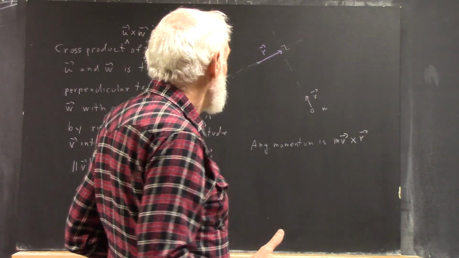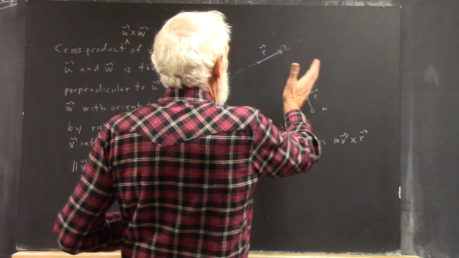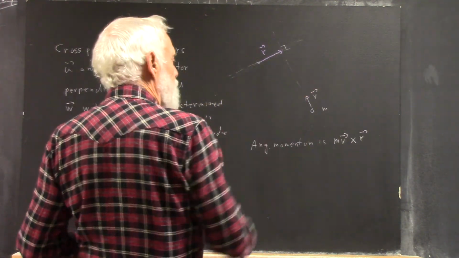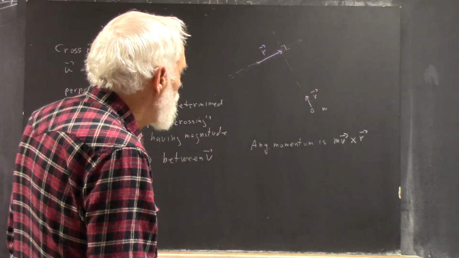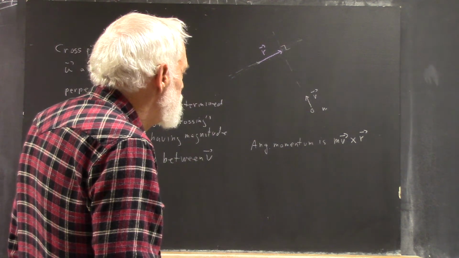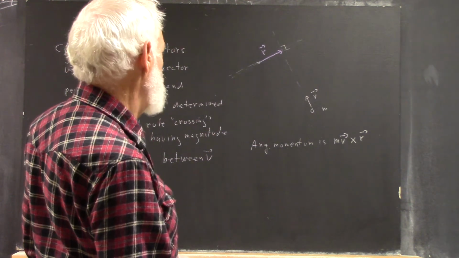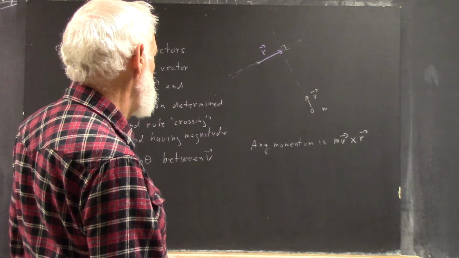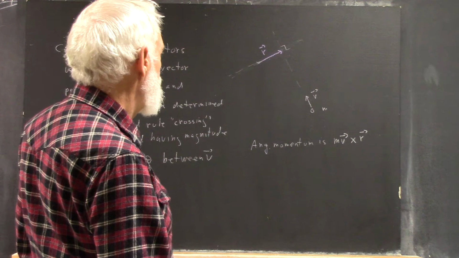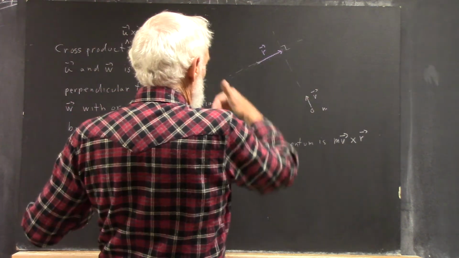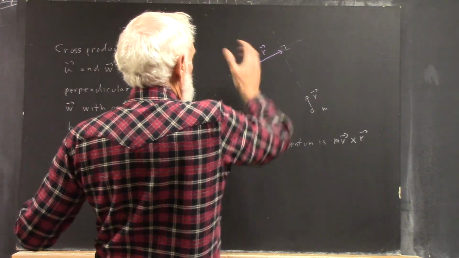Because MV cross, no, that's right, it's MV cross R. Torque is R cross F. Something is bothering me about that. The angular momentum would tend to increase the angular velocity in this direction, which is this one.